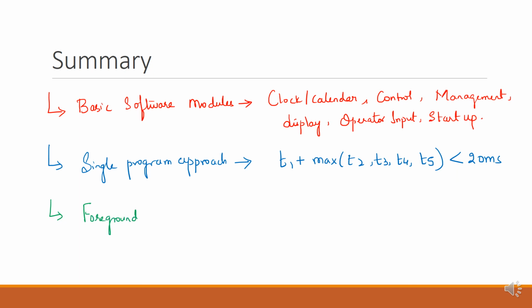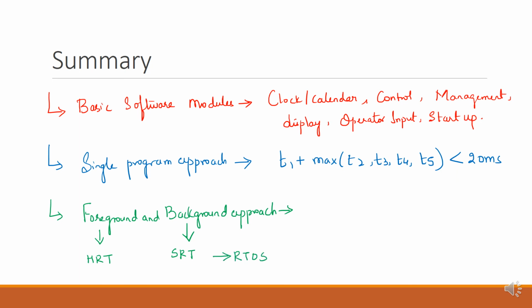In the foreground and background approach, we understood that the foreground tasks are always the highest priority tasks, and the background tasks are the lowest priority compared to the foreground. The foreground ones have high priority with hard real-time constraints. The background ones run at soft real-time constraints. The separation we take with the help of an RTOS.